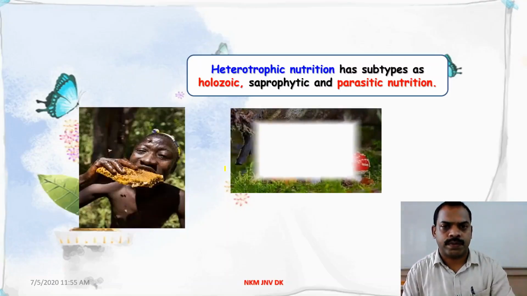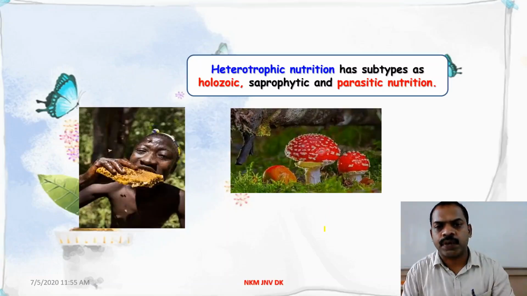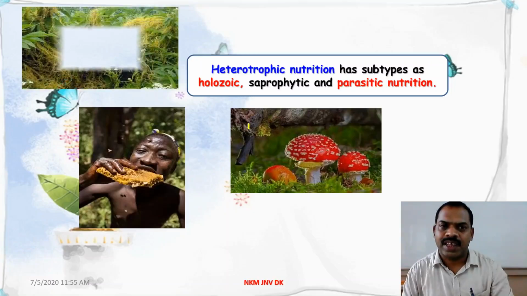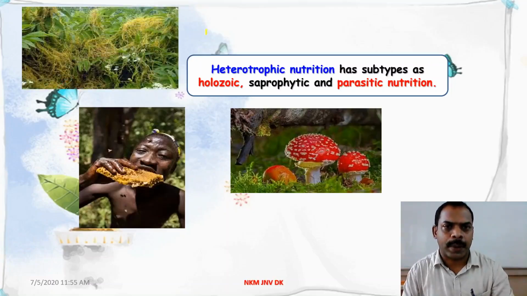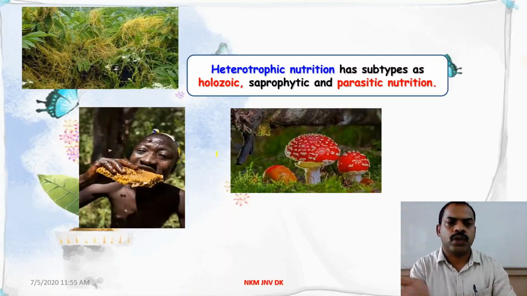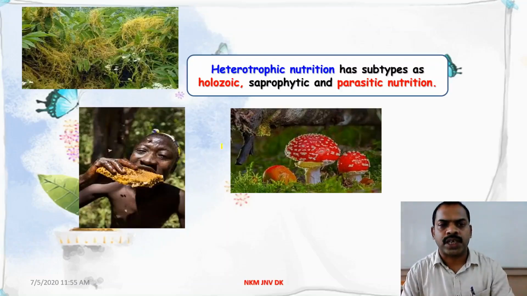But in the case of a mushroom, the fungi, they do saprophytic nutrition. And this cuscuta does the parasitic mode of nutrition. So we know the different types of nutrition, and we are going to study their importance in detail.